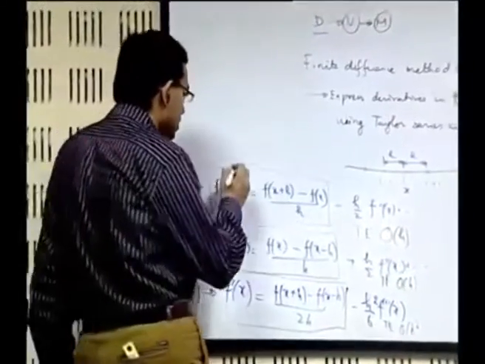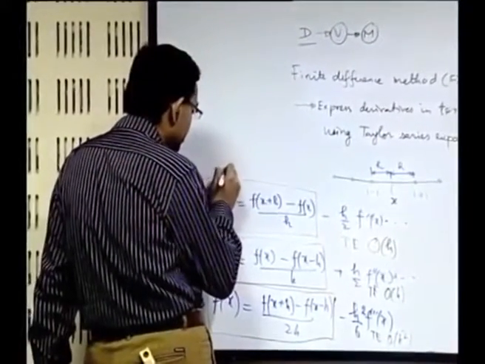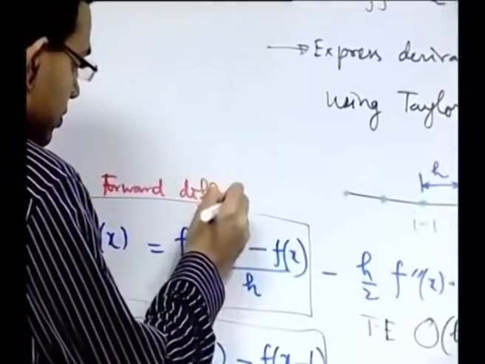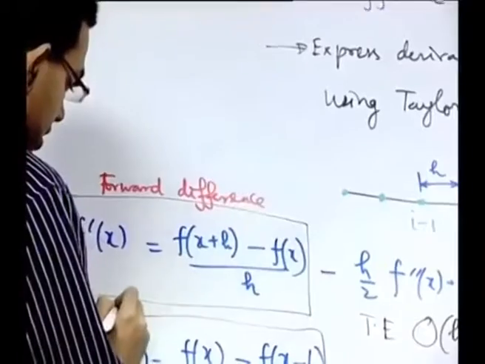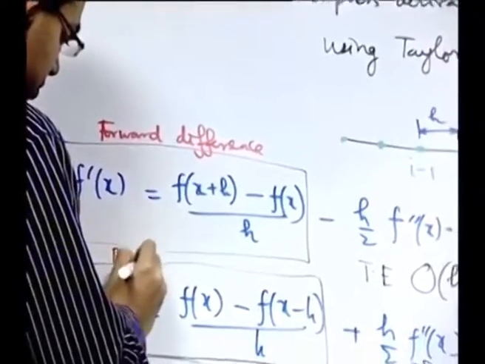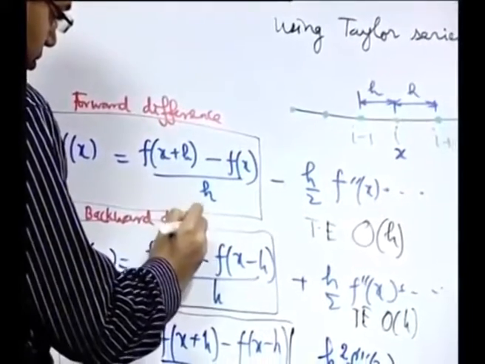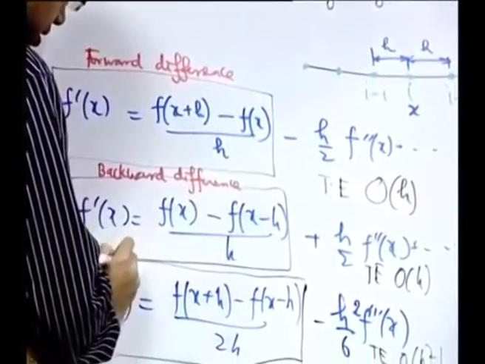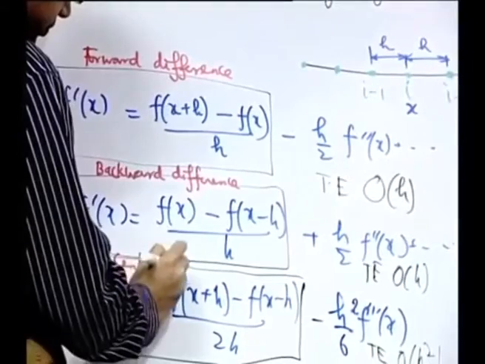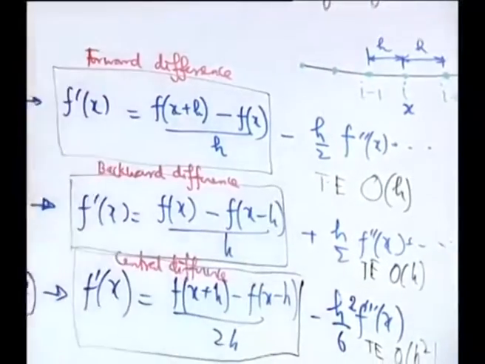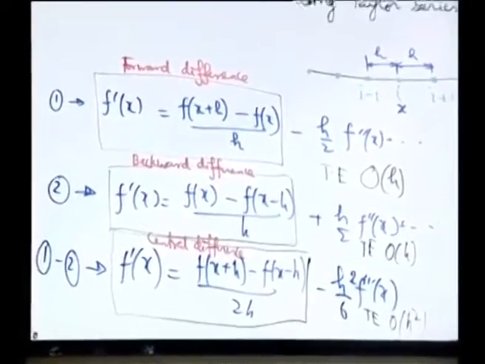So, this is forward difference, this is backward difference, and the third one is central difference, corresponding to the first order derivative.